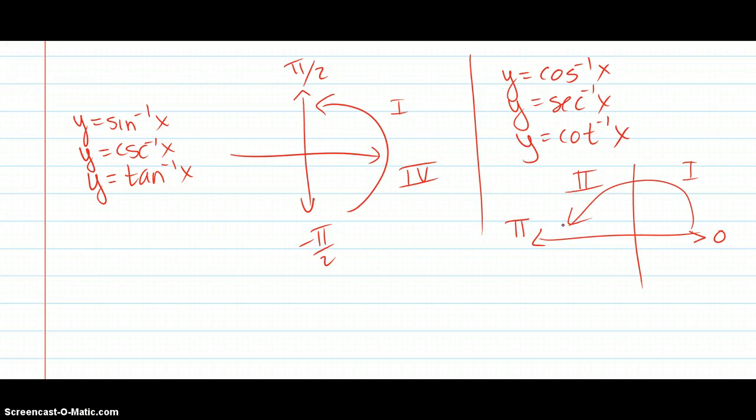Granted, there are some values here that are not defined for secant, but regardless, these three will use quadrant 1 and 2, and these three will use quadrant 1 and 4. Positive, negative, and positive, negative. Hope that helps.